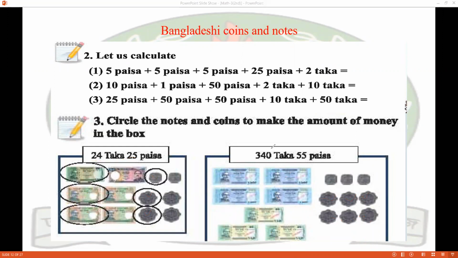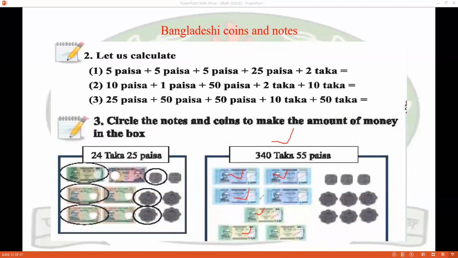So we adjust with the result. At first we need 300 taka. So we need three notes from here, 1, 2, 3, so 300, and there is 40 taka. So we have to take two notes of 20 taka here and here.